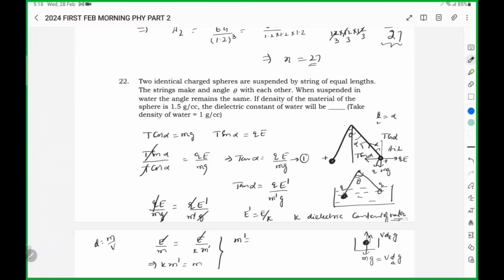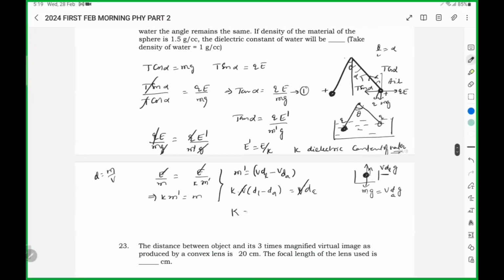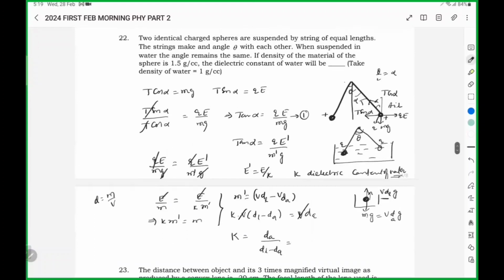So K m dash is V times dL minus dA, which is m here, that is mass of that sphere in air, V times dA. So K will be dA by dL minus dA.